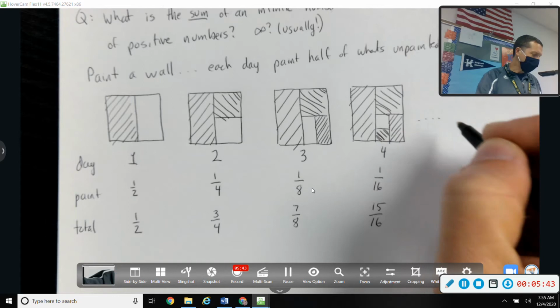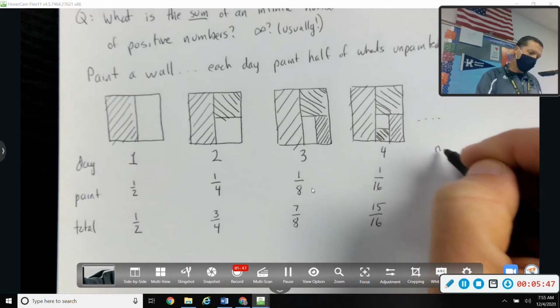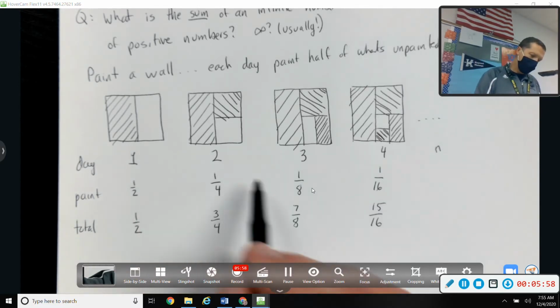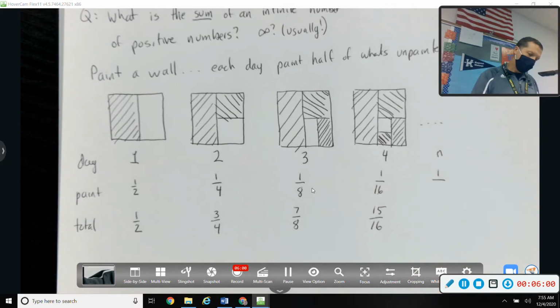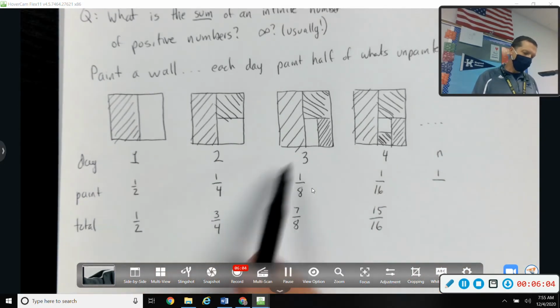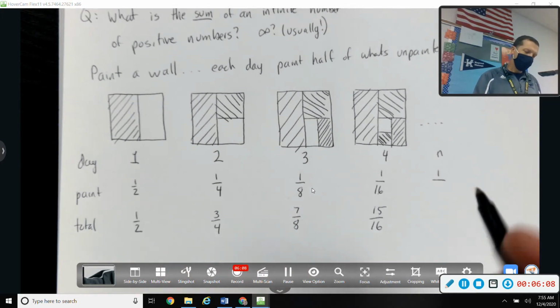Well, I'm tired of drawing, but let's say on the nth day, you know how much of the wall you would paint on the nth day? Look at the pattern. 1 over, not 1 over n, because not 1 over 1, 1 over 2, 1 over 3. 1 over 2 to the n.